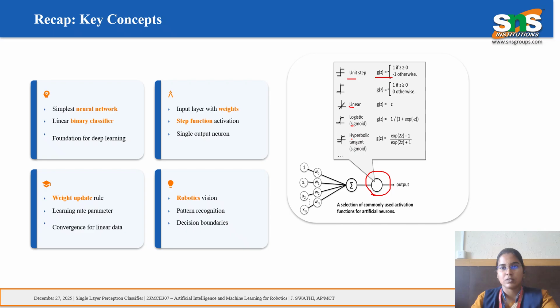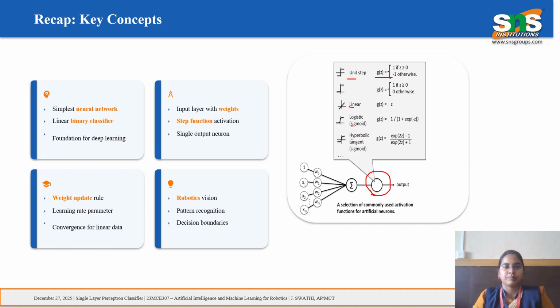In step, if it is greater than 0, it will be 1, otherwise it is 0. And in the unit step, it will be 1, and if it goes negative, it will be 0. For linear it is z, and for logistic it is 1 by 1 plus exponential of minus z, and for hyperbolic it is exponential of 2z minus 1 divided by exponential of 2z plus 1.